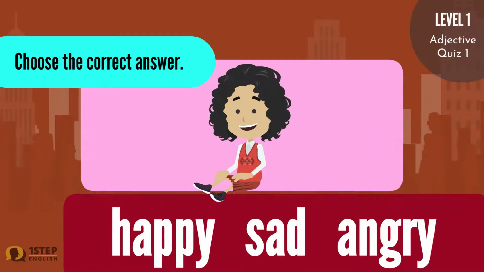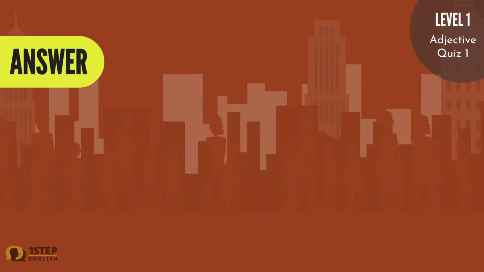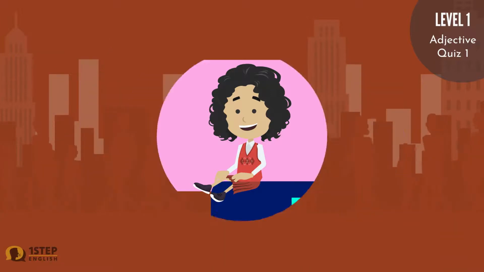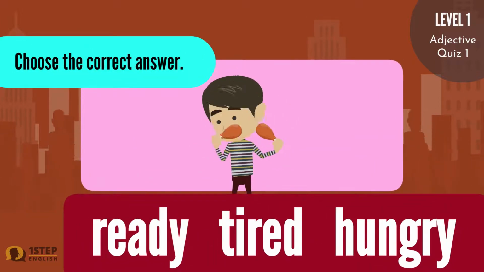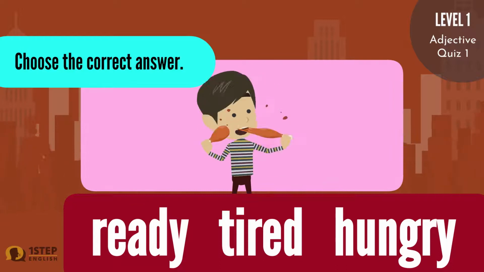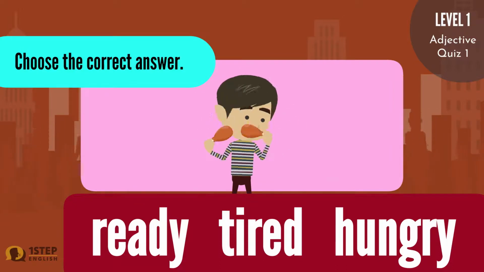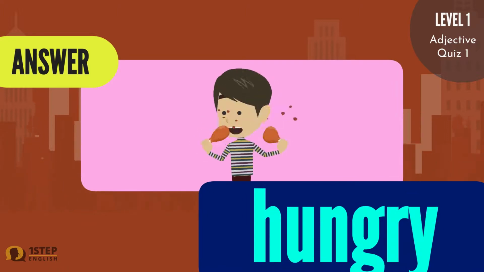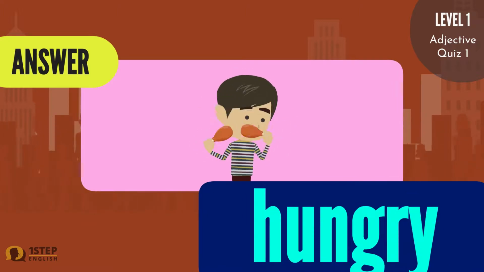The girl is? The correct answer is happy. The girl is happy. The boy is? The correct answer is hungry. The boy is hungry.